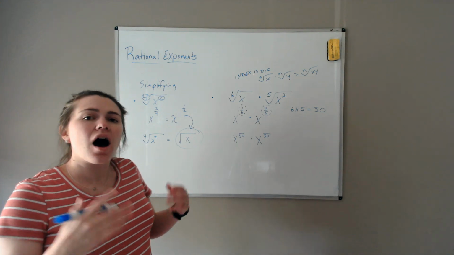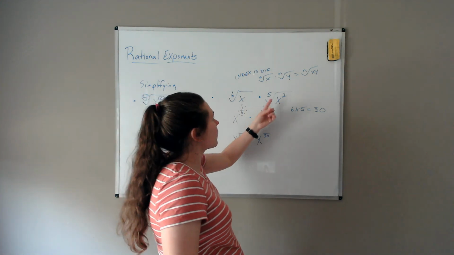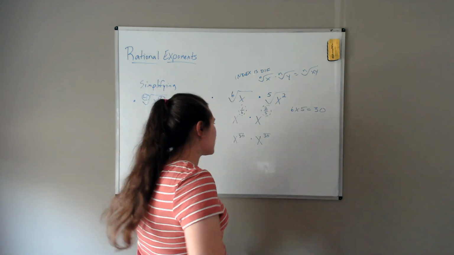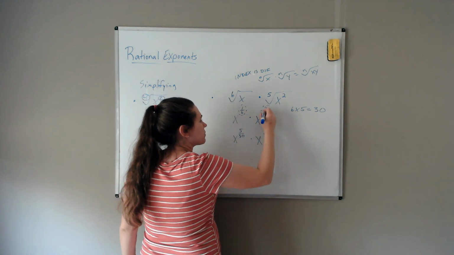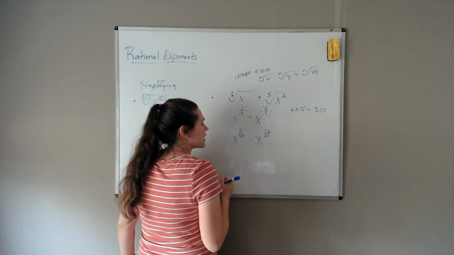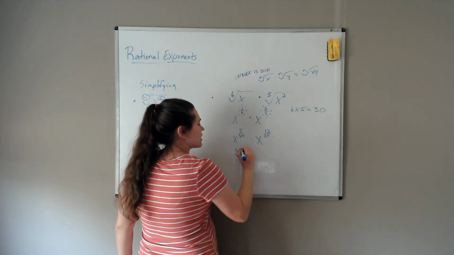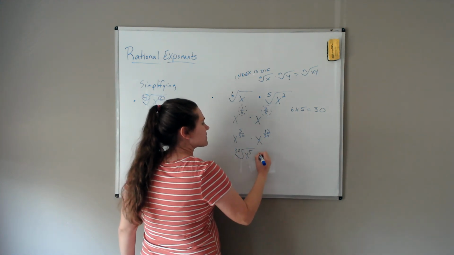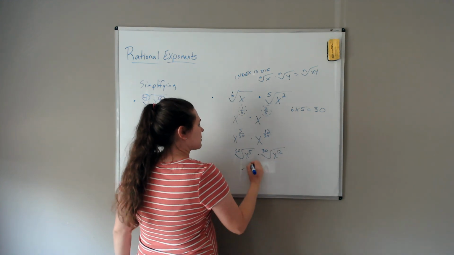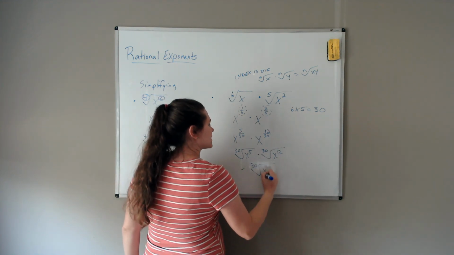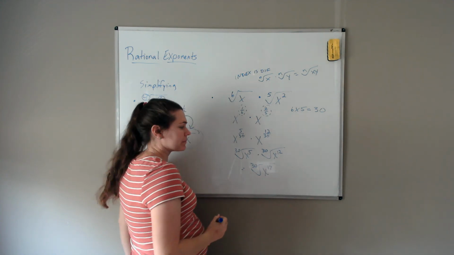So this is going to be 5/30ths, and that one is going to be 12/30ths. So this is the same as the 30th root of x to the 5th times the 30th root of x to the 12th. That's going to be the 30th root of x to the 17th power.